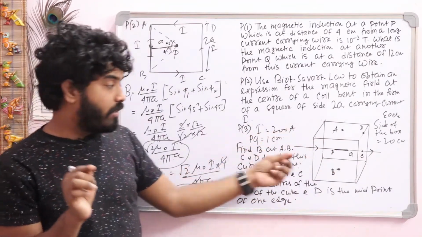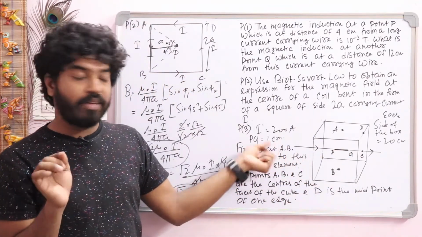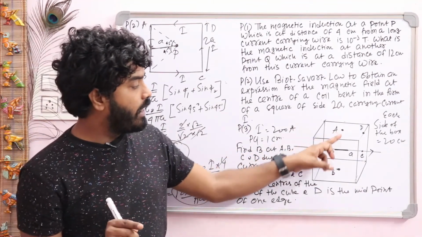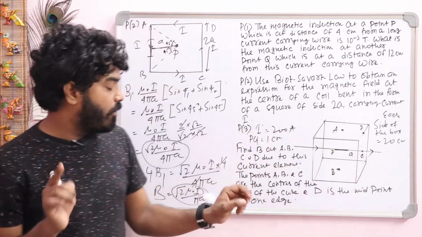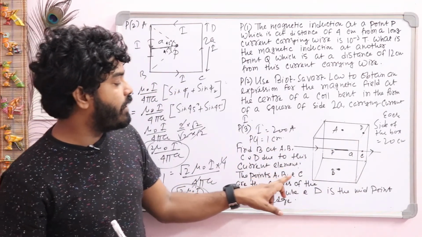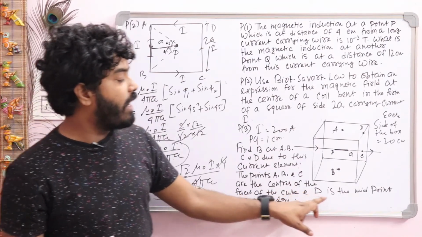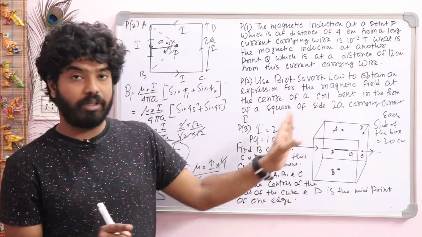Here a small current element PQ of length 1 centimeter is given. Now you have to find out the magnetic field at point A, B, C and D. The condition given: the points A, B, C are the centers of the faces of the cube and D is the middle point of one edge.